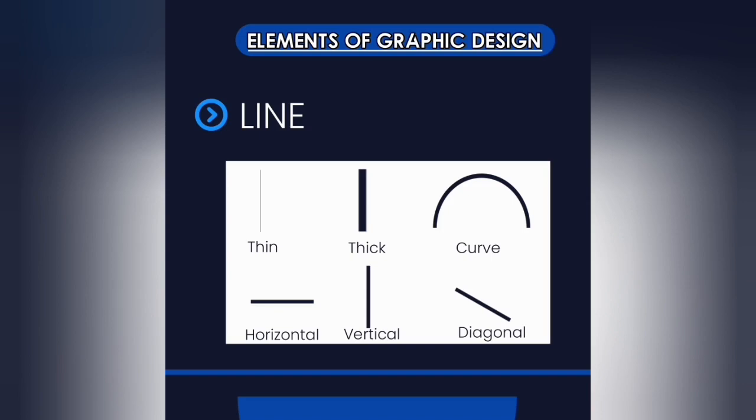It is actually the most basic element. It can be thin, thick, curved, horizontal, vertical, or diagonal. So these are the different ways in which a line can be.